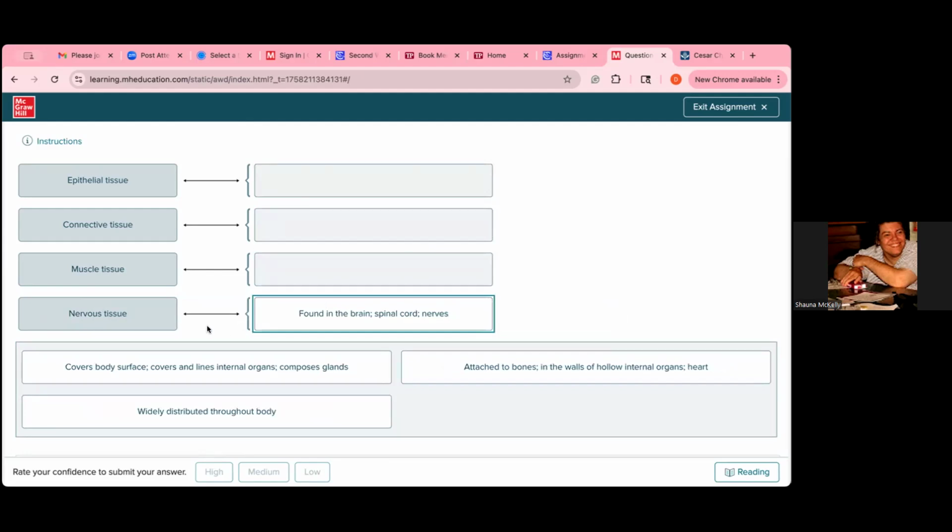Connective tissue would be, let's see, in the walls of internal organs and the heart. It's epithelial tissue that covers the body surface.